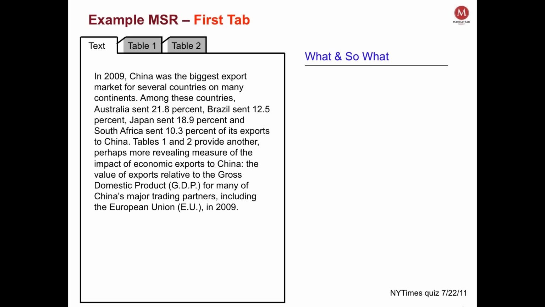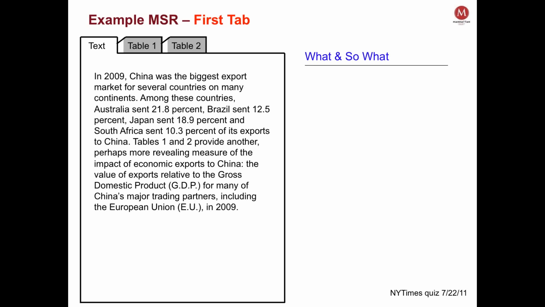In 2009, China was the biggest export market for several countries on many continents. Among these countries, we've got Australia, 21.8%, Brazil, 12.5%, Japan, 18.9%, and South Africa sent 10.3% of its exports to China.